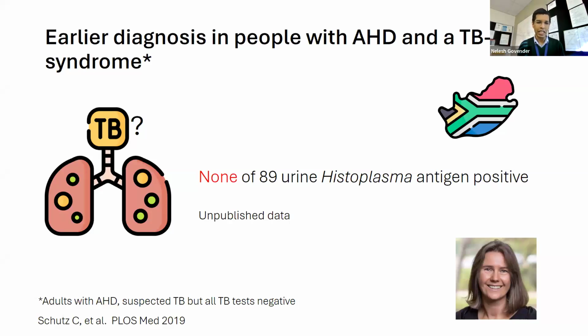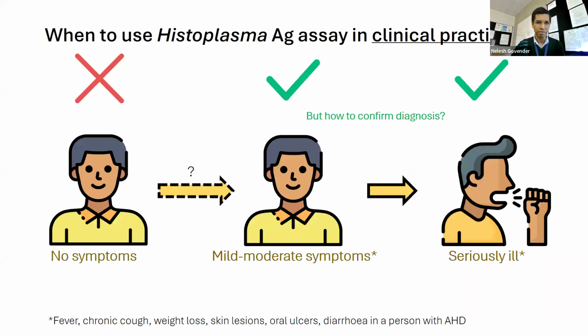These are brand new data. The laboratory team has just finished all this testing. But of course, the prevalence might just be low, below the threshold of the sample size that we have. So when should you really use the histoplasma antigen test in clinical practice?